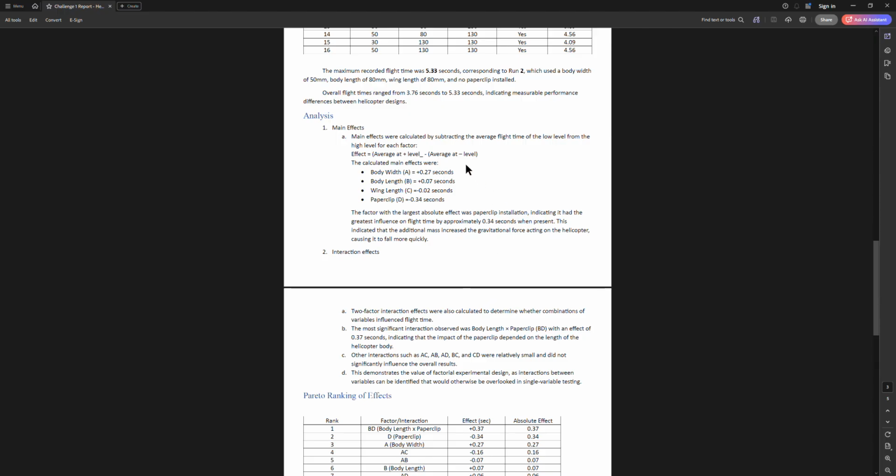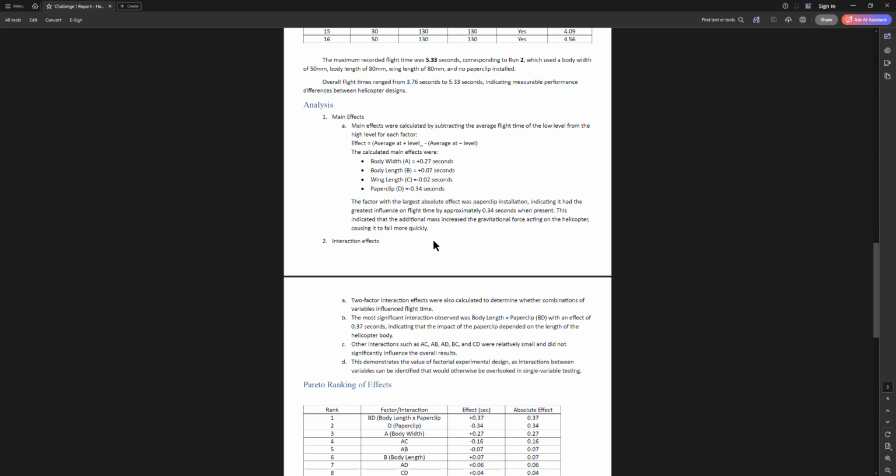But our main effects were body width, body length, wing length, and whether or not the paperclip was installed. So we calculated those effects here using this formula. And we indicated that the factor with the largest absolute effect was the paperclip installation, indicating that it had the greatest influence on flight time.